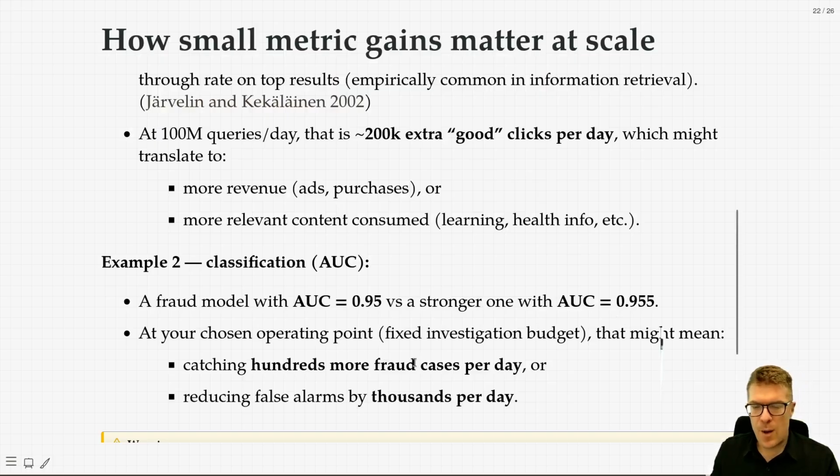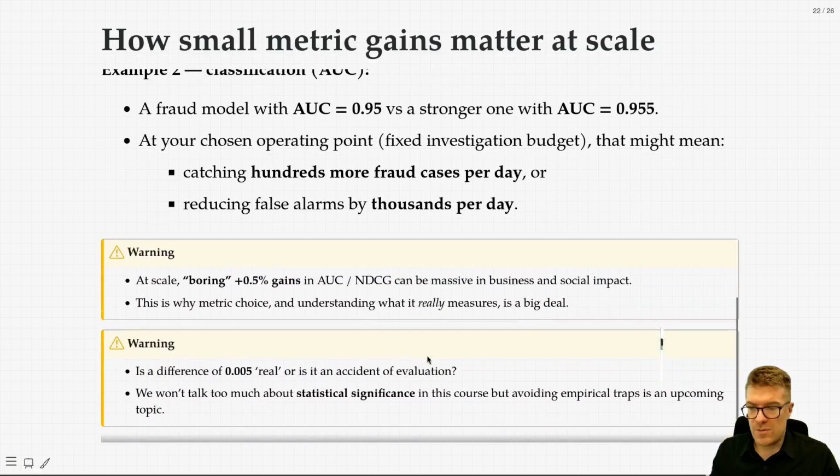But if we have a chosen operating point, like a fixed budget in terms of a team that can follow up on flags, this can mean, on one hand, we could potentially catch hundreds more fraud cases per day, or it could mean that we're reducing false alarms by thousands per day. So a 0.005 reduction in false positive rate or false negative rate can still have a massive impact on your bottom line.